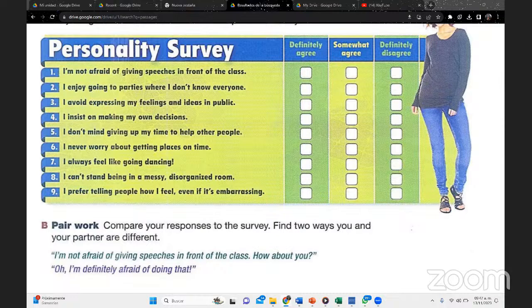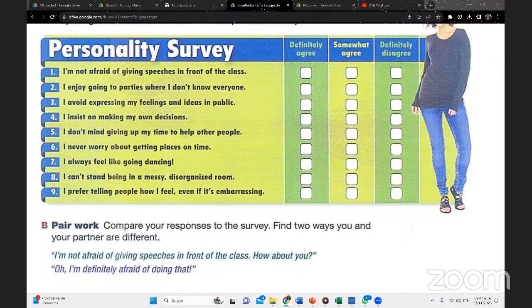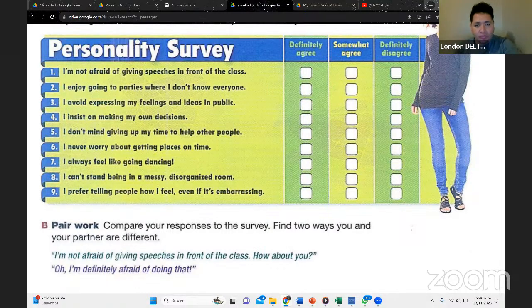That's correct. Very well. How about you, Dante? Yes, I like to dance. In Paris, for example, I like to go dancing with the other people.